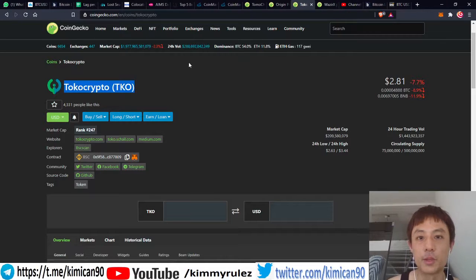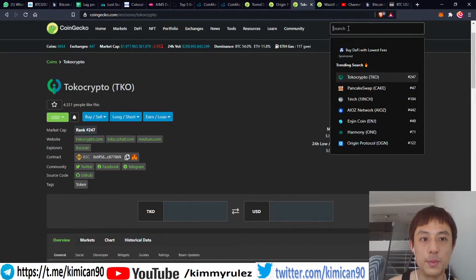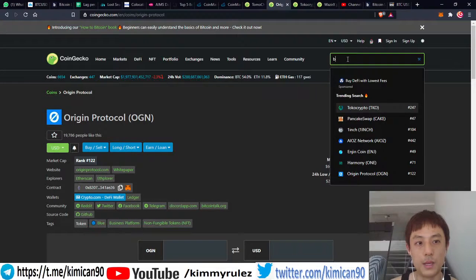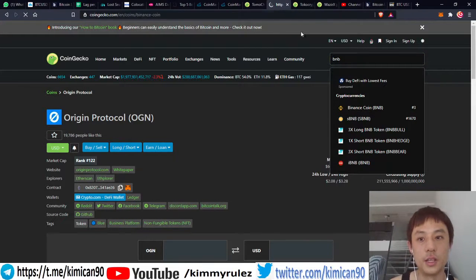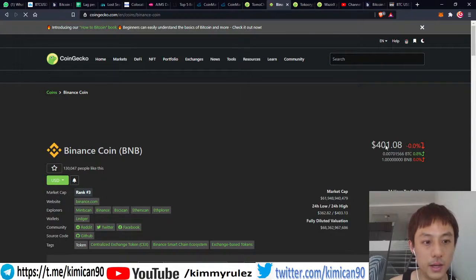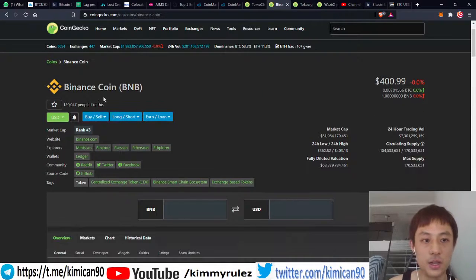Right now in the crypto space, BNB just hit a very big high, about 400 in the last couple of days, the all-time high. It is a centralized exchange utility token, and its market cap is about 61 billion.